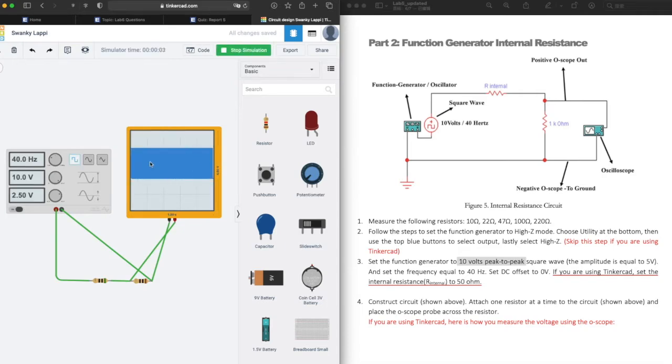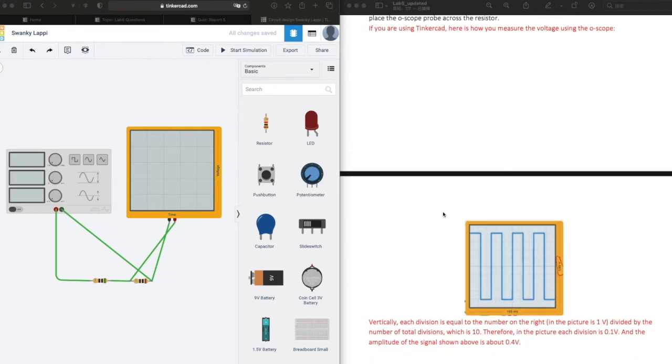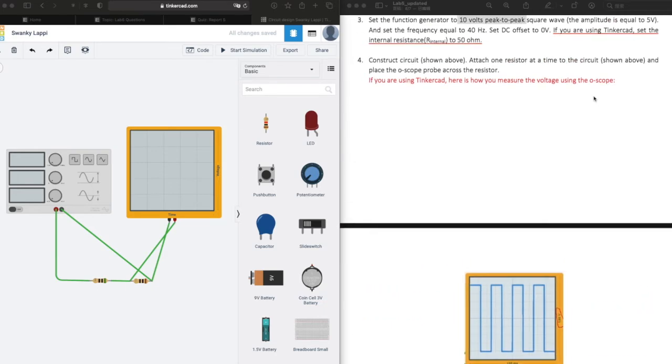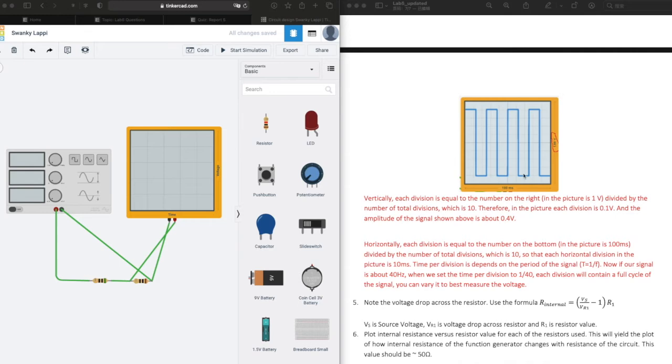And let's talk about how to read this oscilloscope. We have an instruction here. So let's see. Vertically, we will use this picture as an example first. Vertically, each division is equal to the number on the right divided by the number of the total divisions.